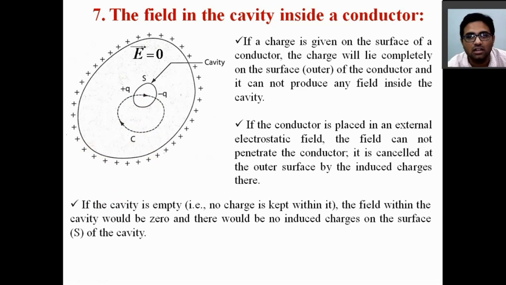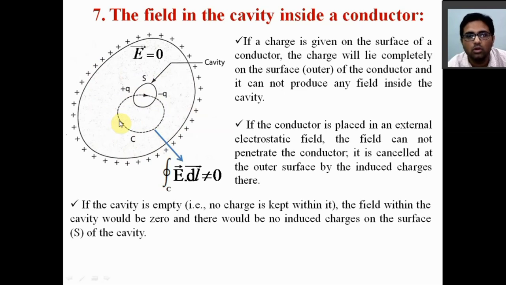So as a result, the total closed line integral of E dot dl along this path C will be non-zero, because the electric field inside the cavity is non-zero but outside it is 0.